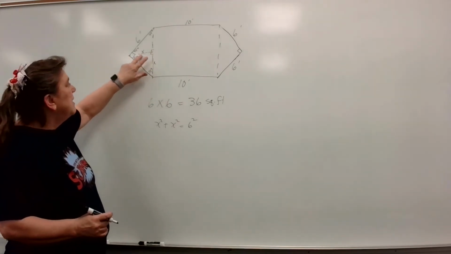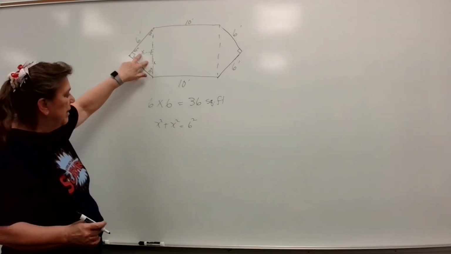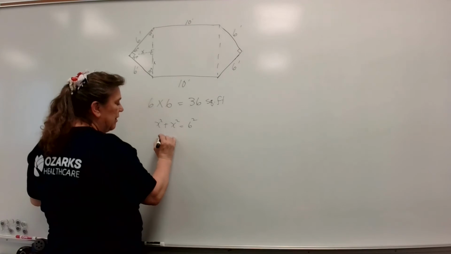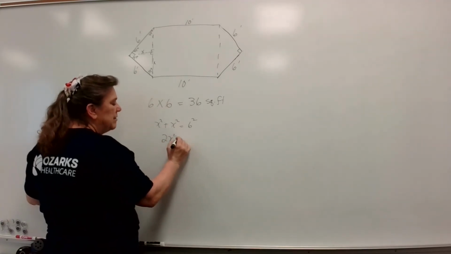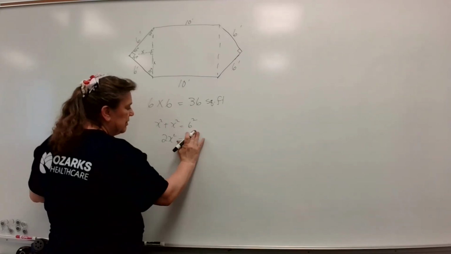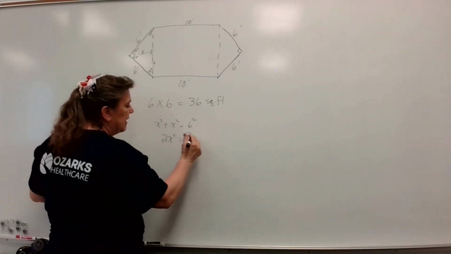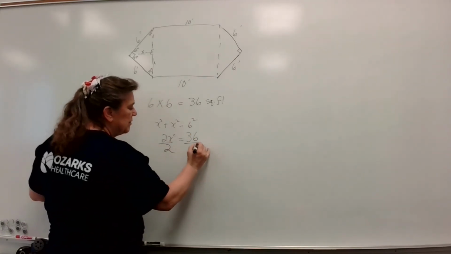And this right triangle has the legs are x, because we don't know what they are yet. So now we've got our Pythagorean theorem. So 2x squared is equal to 6 squared. 6 squared is 36, so let's go ahead and write that down. And divide by 2 on both sides.